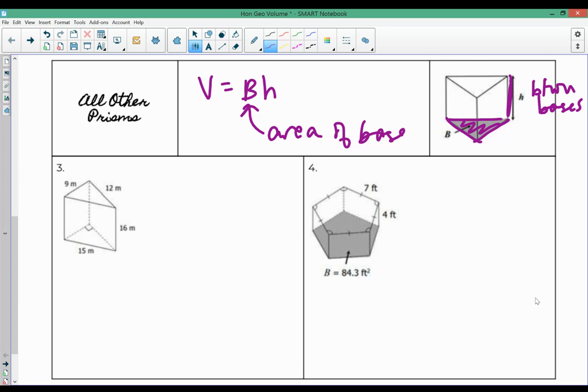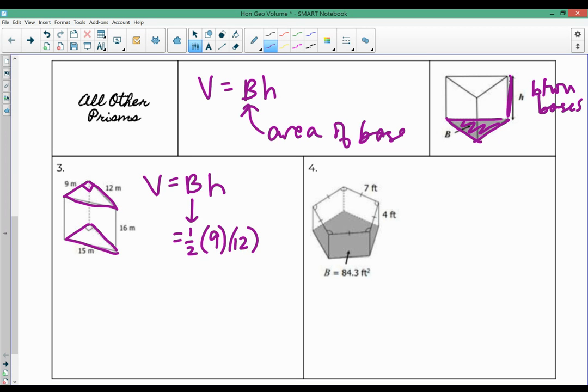So looking at this first one, knowing that we'll be using volume equals base times height, we'll use the base first. The base is a triangle. We don't have the measurements for it there, but it's congruent to the triangle up here. So that'll be 1/2 times 9 times 12.